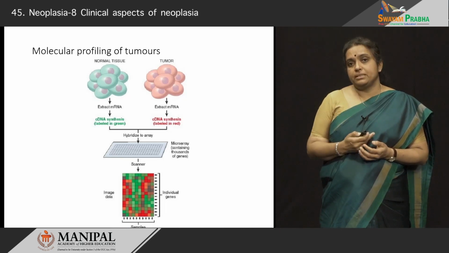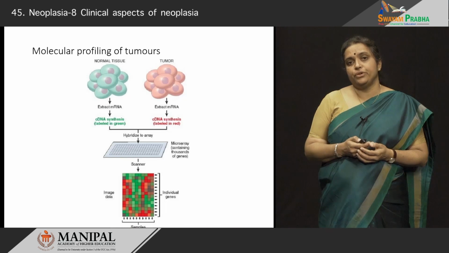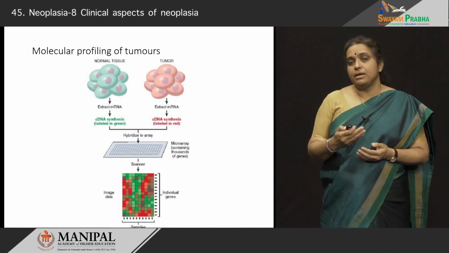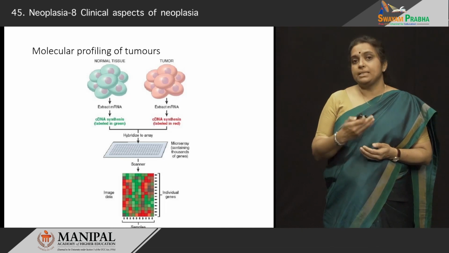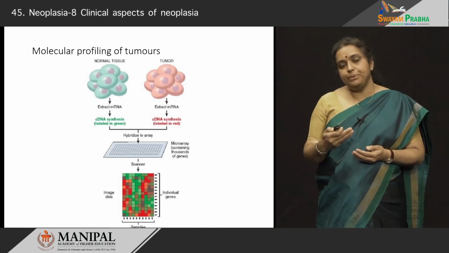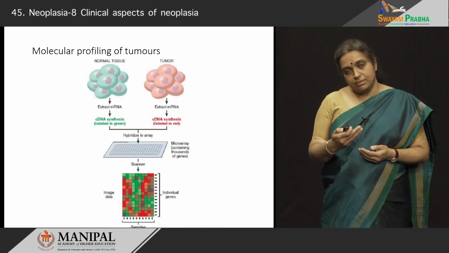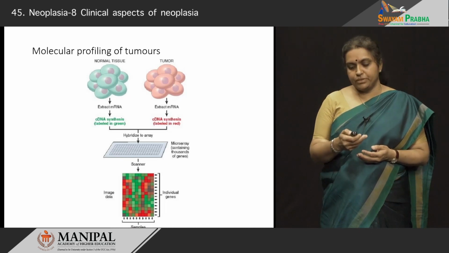So, some of these tests have already been approved for breast cancer, where you can analyze a set of genes and say whether they are overexpressed or not, and this information will help you to further decide your treatment strategies for that patient.